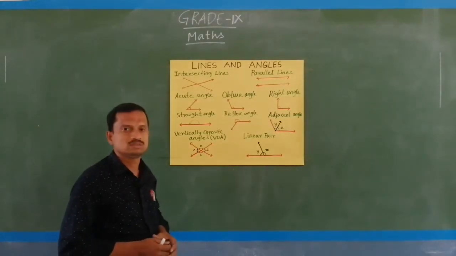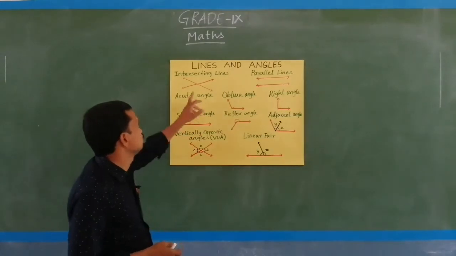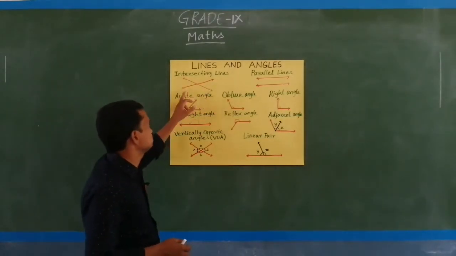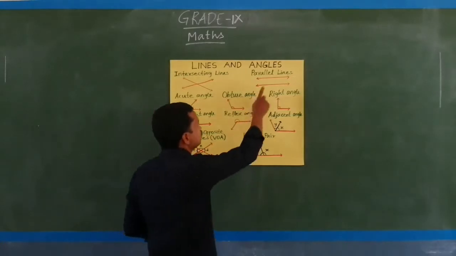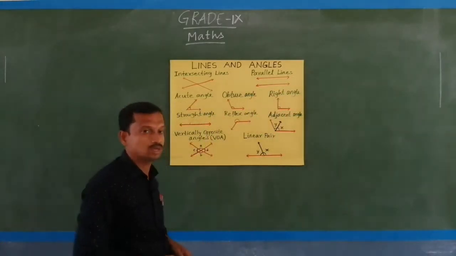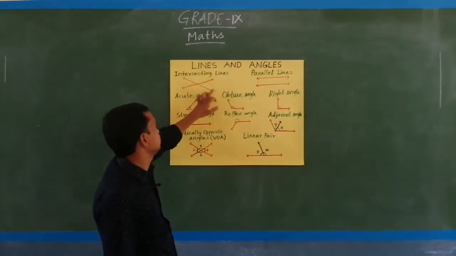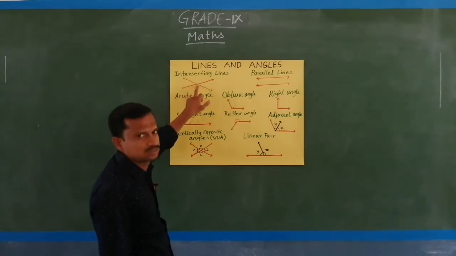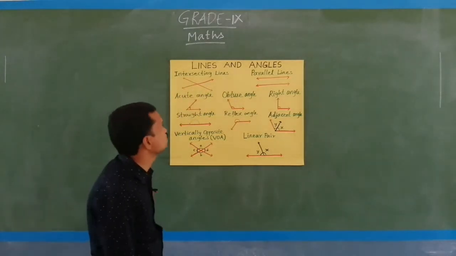So, lines. These are intersecting lines and these are parallel lines. If two lines intersect, then we call them intersecting lines.